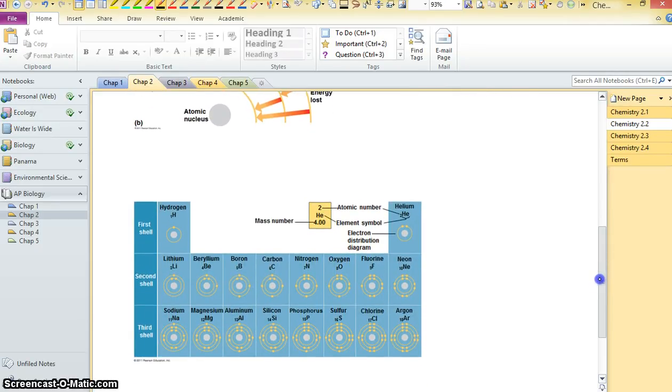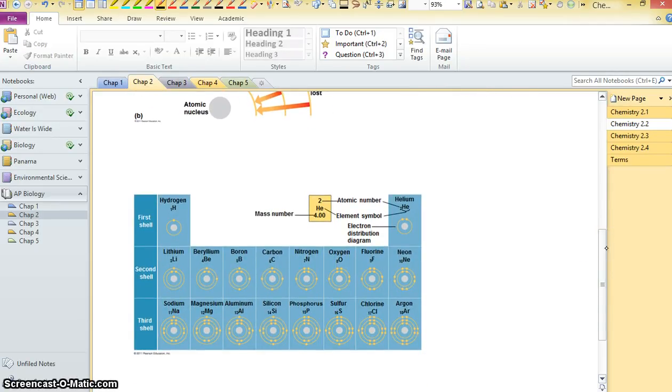So here's a subset of the periodic table again, with, of course, carbon, hydrogen, oxygen, and nitrogen, the big four. You can see the atomic number, which is the number of protons the element has.